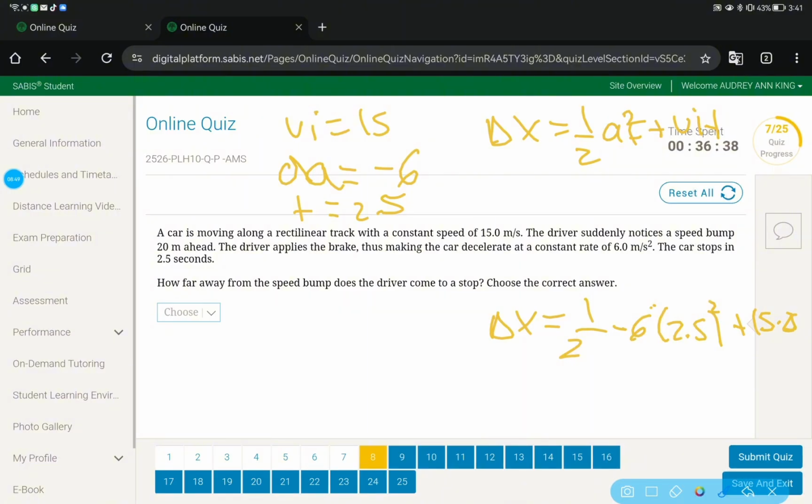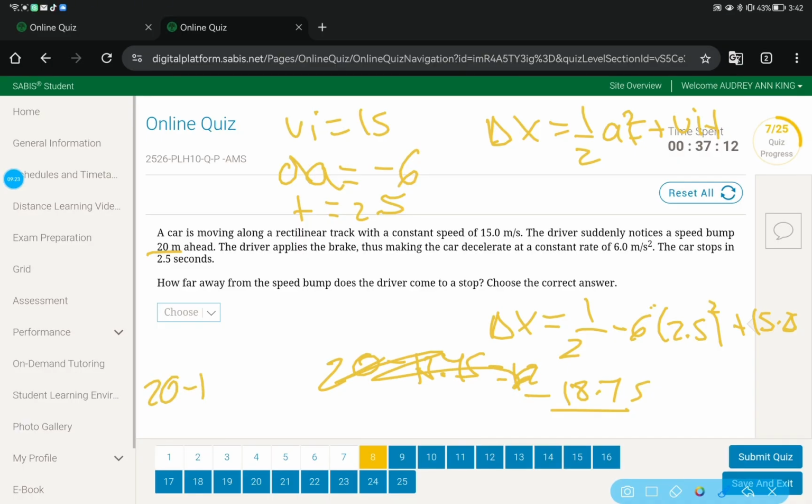So after calculation, you should get negative 18.5, 18.75, sorry. So now we need to calculate how far away the car is from the speed bump. So we need to calculate the distance between here and here. So you're gonna do 20 minus 18.75, and you get 1.25.